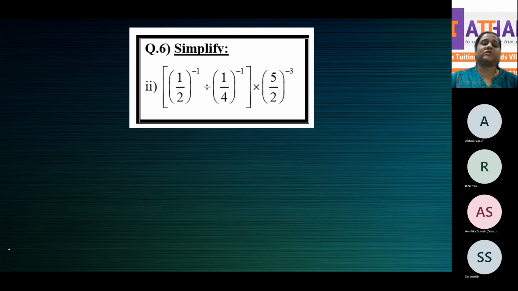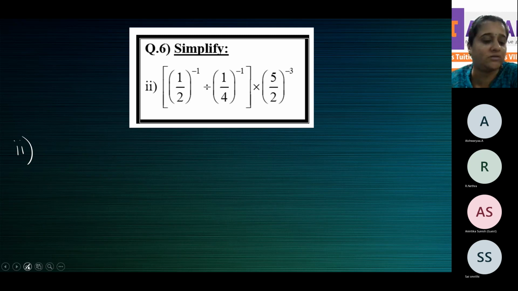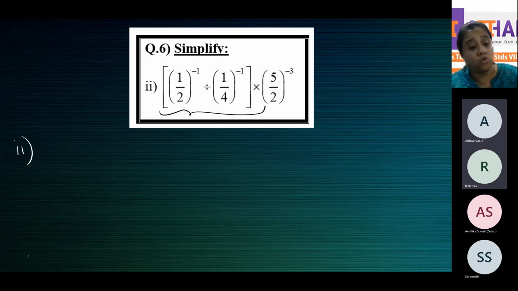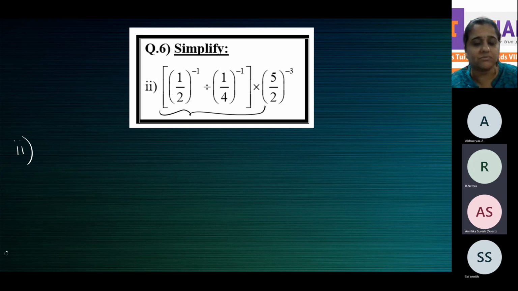Can we use any rule here for the first bracket? Online students, can we use any rule for the first bracket? First bracket, I mean this one, the first square bracket. What's the rule? If the exponents are the same, we can add it.